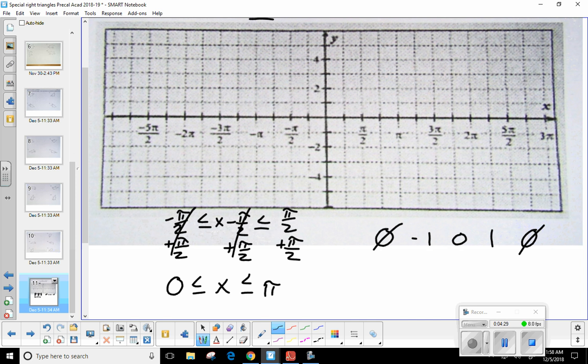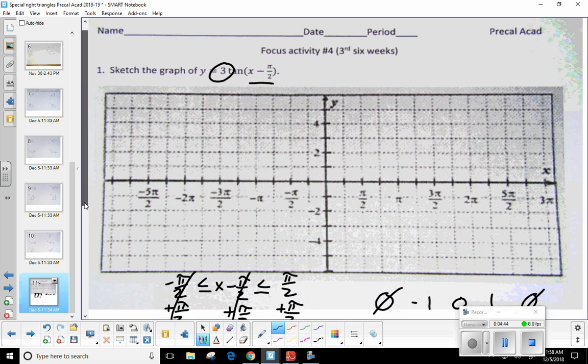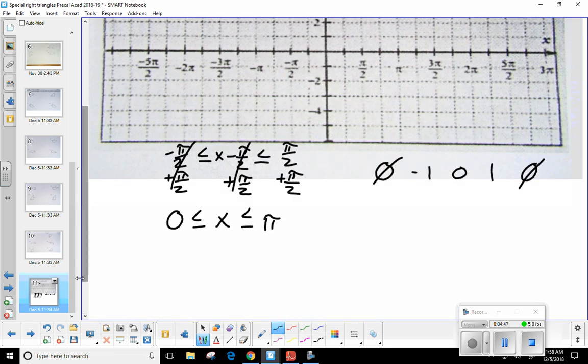Okay. Now, the parentheses go in my compound inequality. That helps me with my x's. Is there anything happening outside the parentheses? There you go. So what am I going to do to every one of those 5? Multiply by 3. So there's no shift here. It is just, or midline shift, vertical shift, I should say. So I want to multiply each of these by 3. Well, undefined times 3 is still undefined.